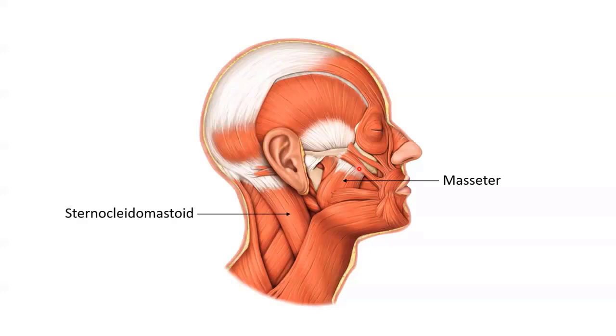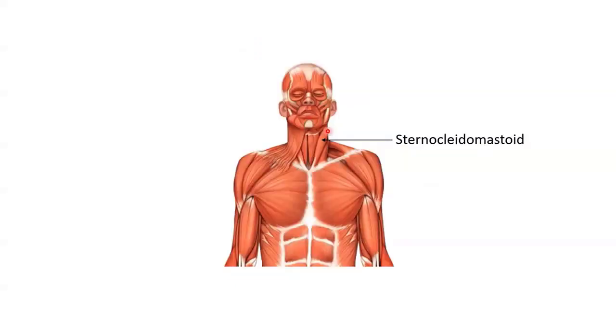The sternocleidomastoid muscle, which is this muscle here, but can also be seen on an anterior view both here and here, is a paired muscle which runs down either side of the neck.